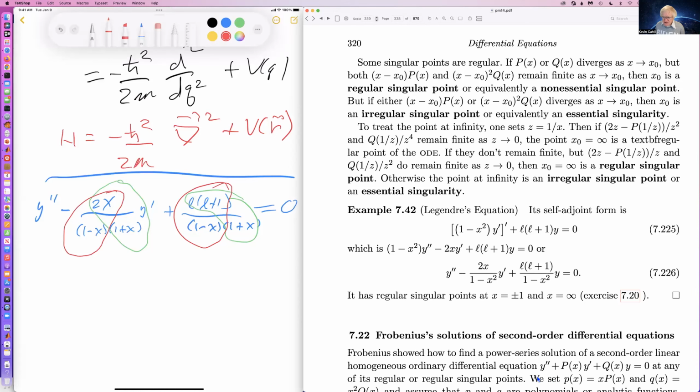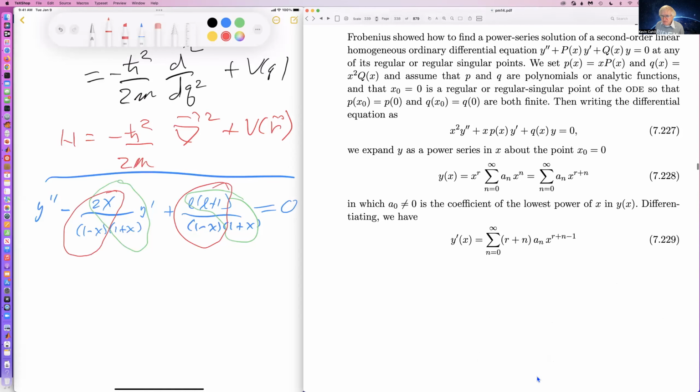Now, Frobenius provided us with a general way of solving these equations, expressing the solution as an infinite power series. We imagine we have a differential equation, but we're going to rewrite it like this: x squared y double prime plus x p(x) y prime plus q(x) y equals 0.